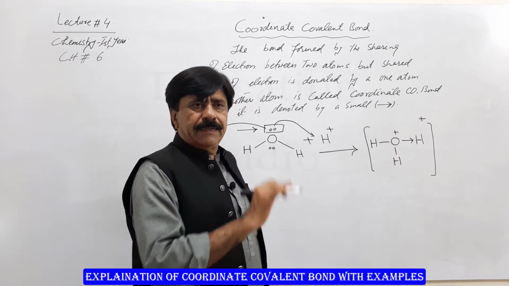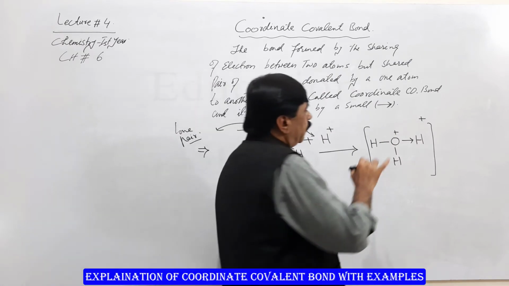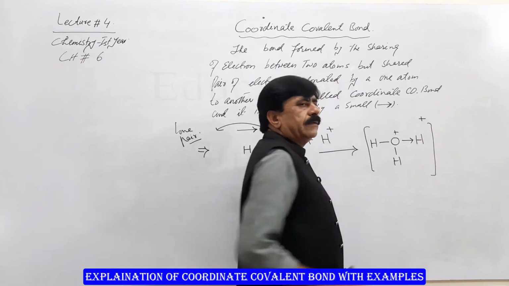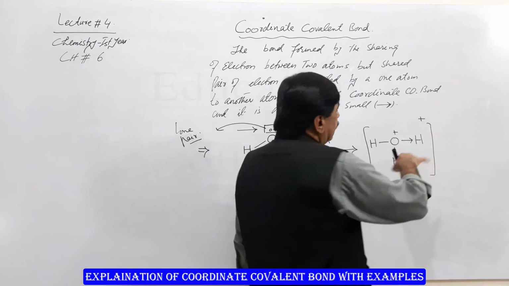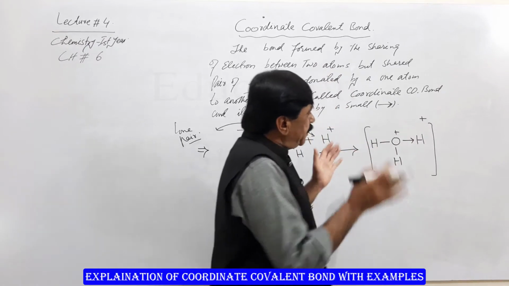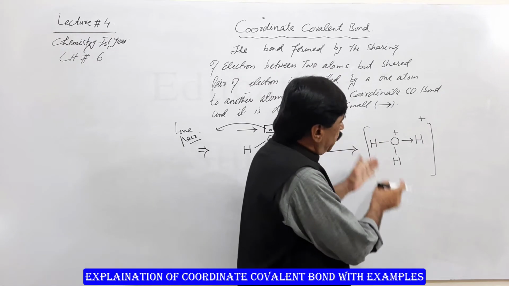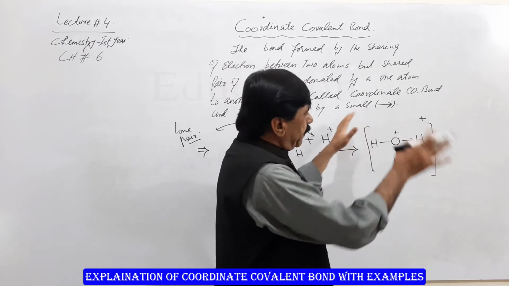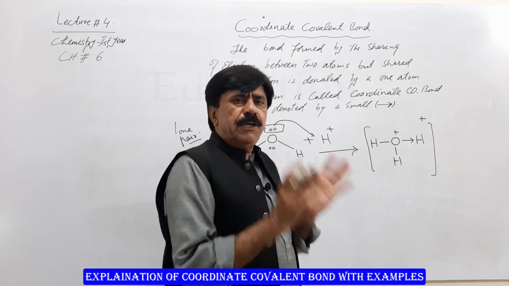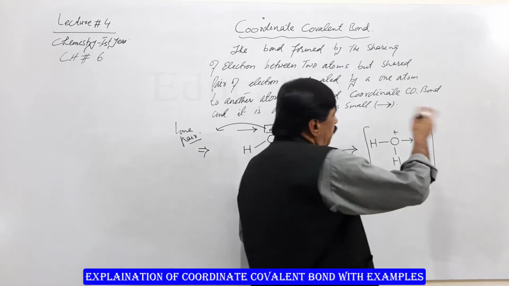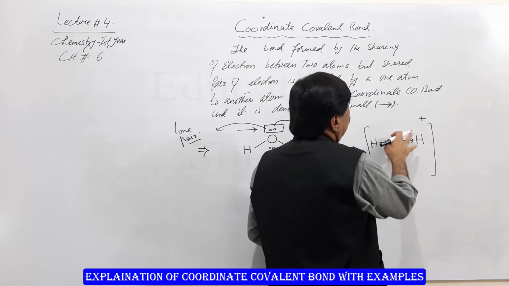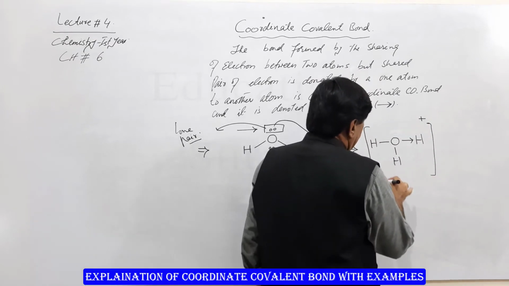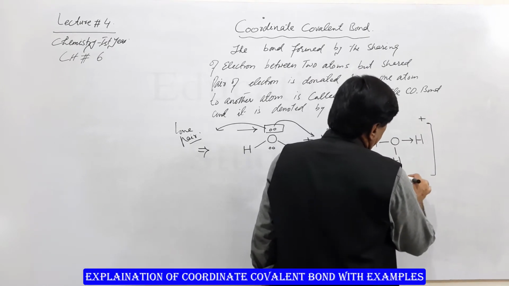Why? The reason is that all the bonds behave similarly. The discrimination between the covalent and the coordinate bond has vanished, and all the bonds behave equally. So the overall charge on that ion becomes positive, and that is called the hydronium ion.